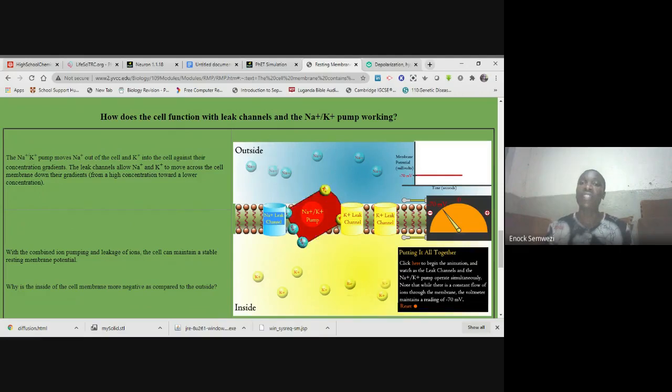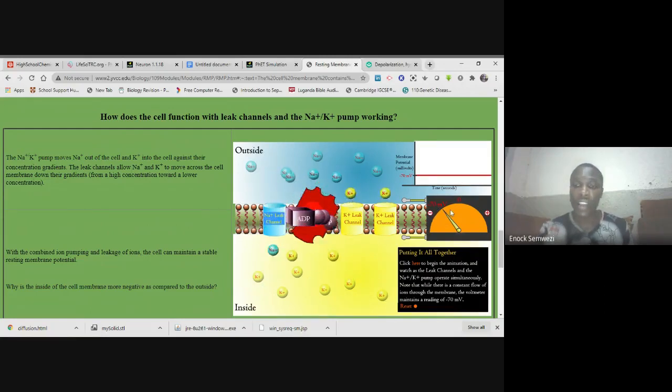However, more of the potassium ions move out of this membrane, and therefore at rest, I want to emphasize this, at rest, the potential difference across the membrane is always negative 70 millivolts.